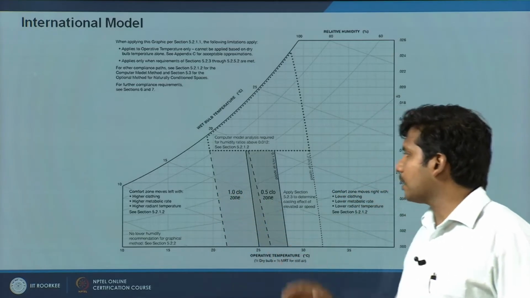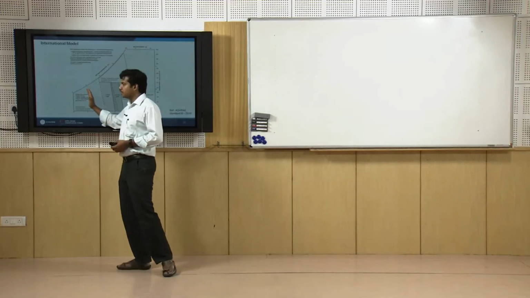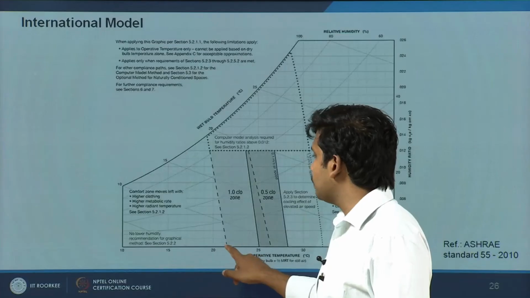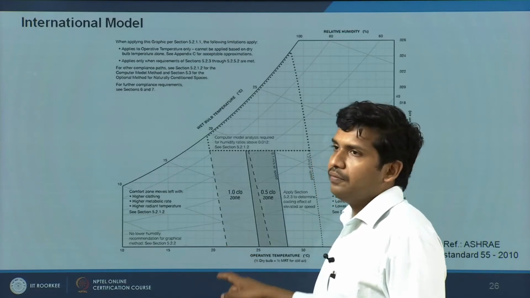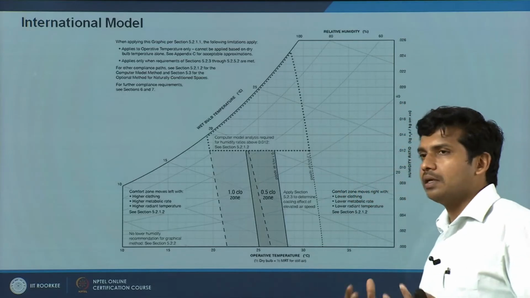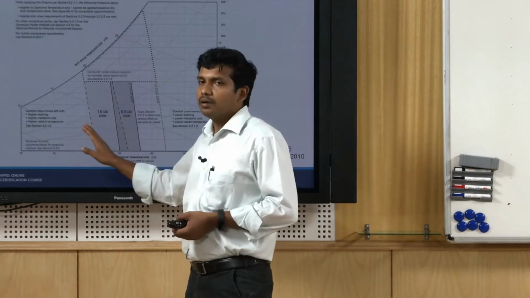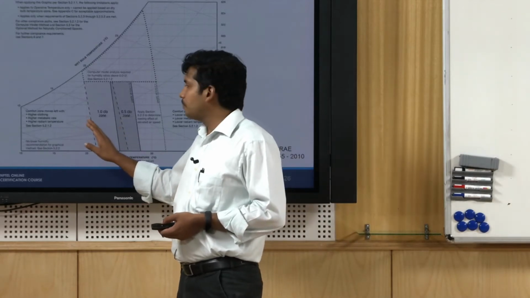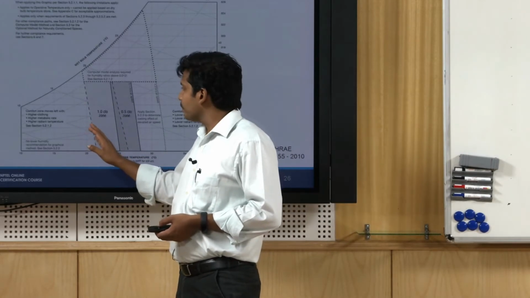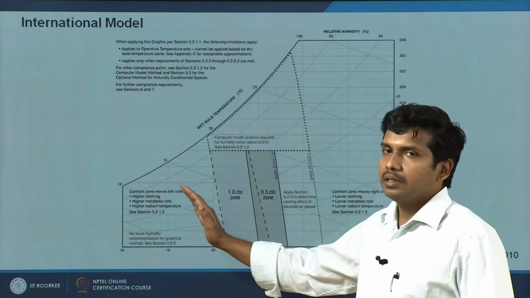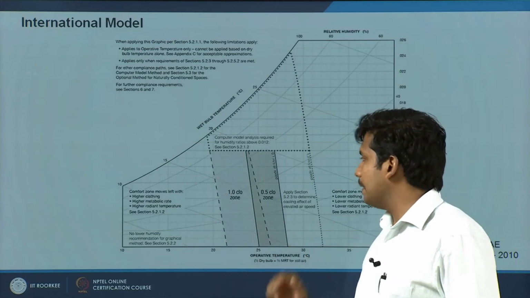The comfort zone starts moving towards your left side. Instead of starting from 25 degrees, it goes as low as 21.5 degrees. If your clothing insulation is higher, you will need lower ambient temperatures to be comfortable. So from 0.5 clo, the upper and lower limits have moved towards the left.